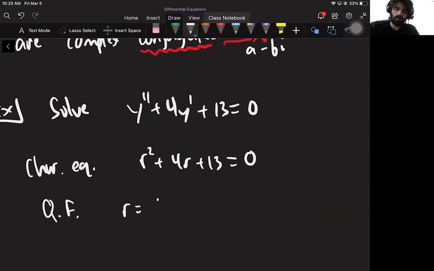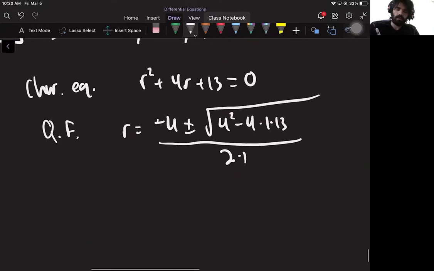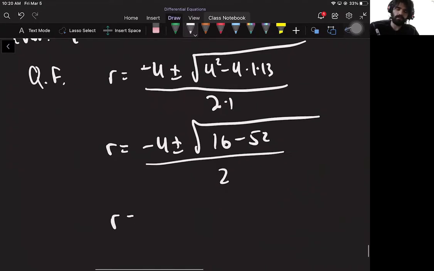So r equals negative 4 plus or minus the square root of 4 squared minus 4 times 1 times 13, over 2 times 1. Okay, this is 16, that's 52. 16 minus 52 is negative 36.